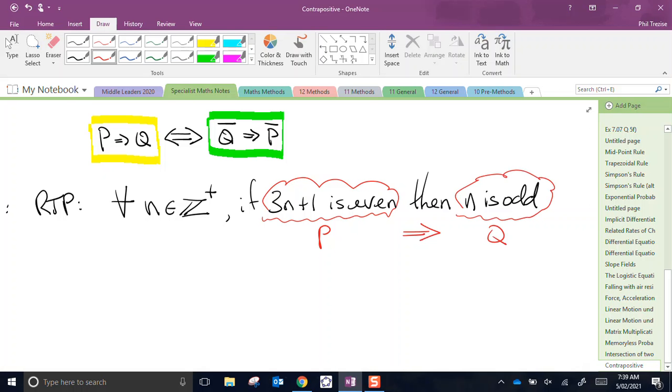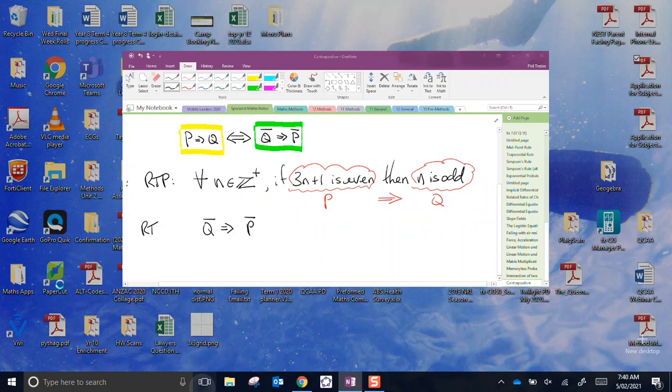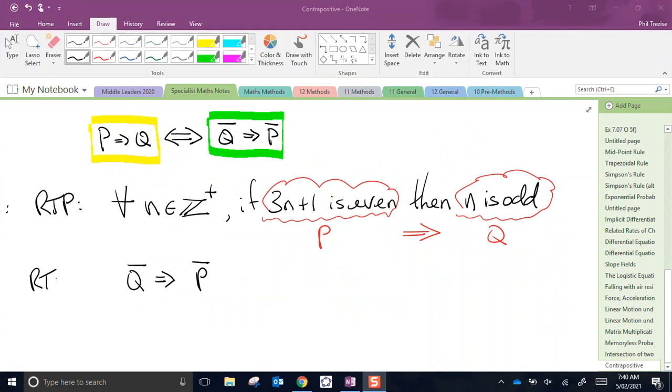Now, I'm going to go straight to writing the contrapositive version of this statement. I'm going to write not Q implies not P. And this is just still a different version. Why did I put that? That should be a P for prove, required to prove. So this is just a different version of the statement.